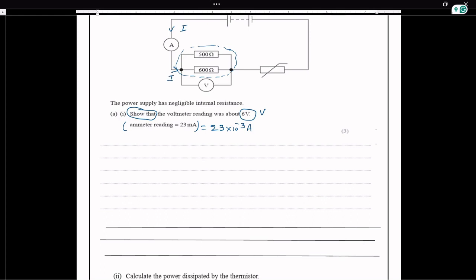So we have a voltmeter reading across 500 ohm is equal to voltmeter reading across 600 ohm, as they are connected in parallel.